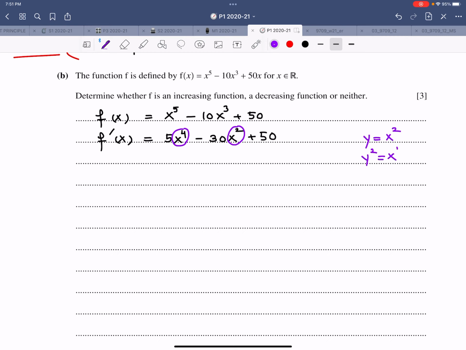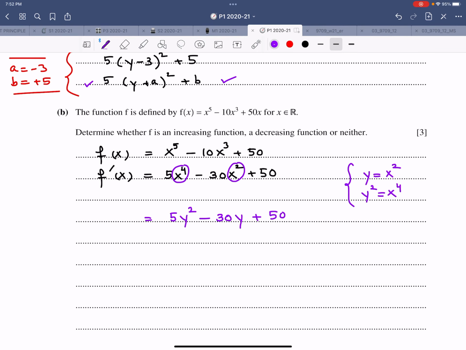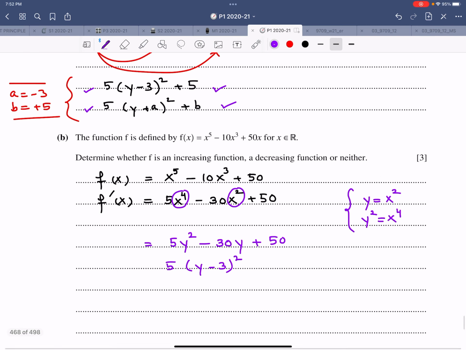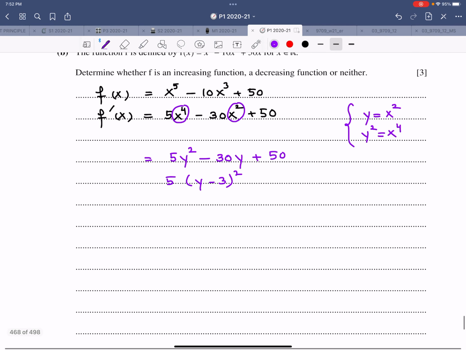So if I make this substitution, this becomes 5y square minus 30y plus 50, which after simplification becomes 5 times y minus 3 whole square plus 5. That is what you get. Now take some time, digest it, understand the concept that is being explained over here. So that's how this thing is done.